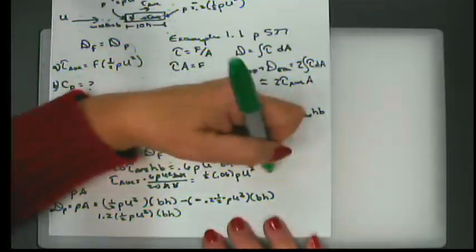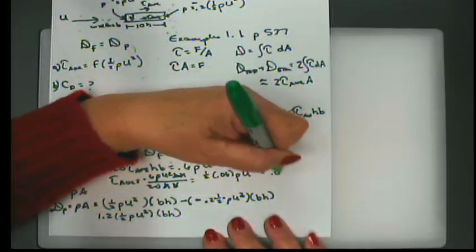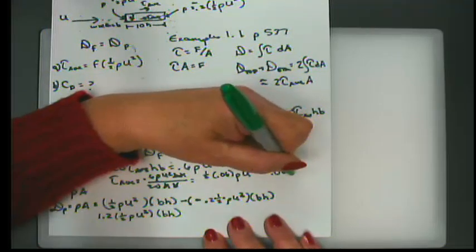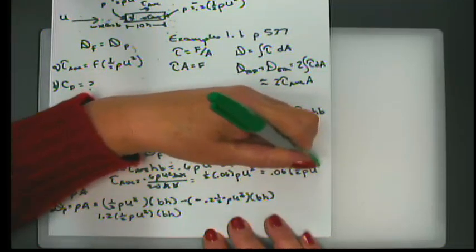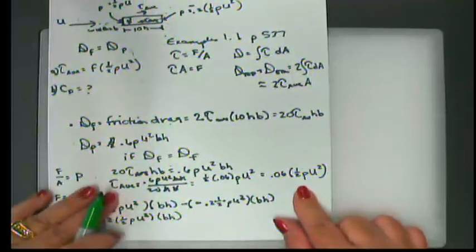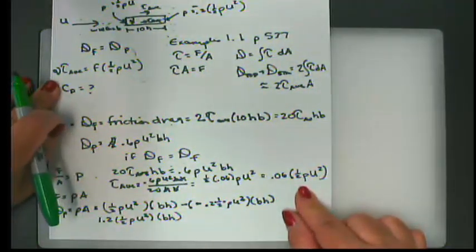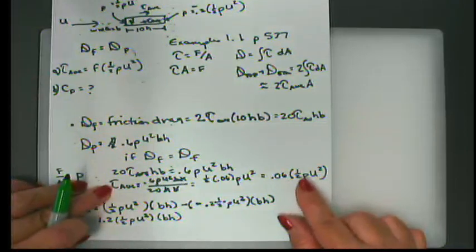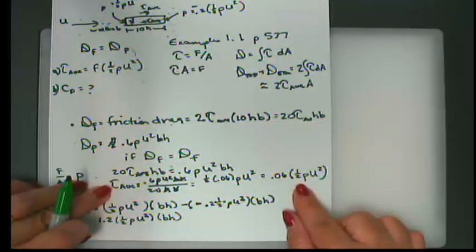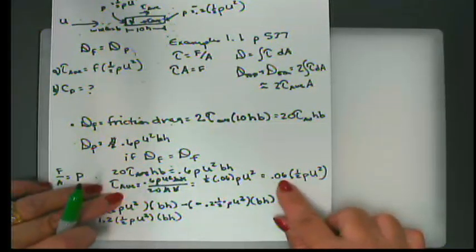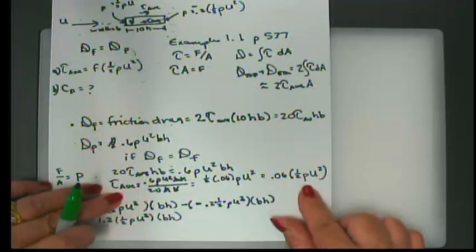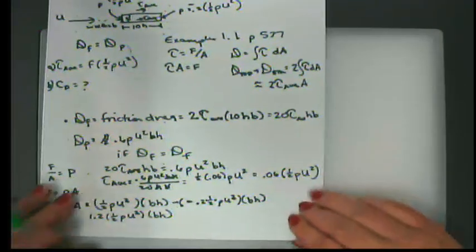All right, so to rewrite this in terms of dynamic pressure, it's 0.06 times 1/2 rho u squared. All right, and so that is the answer to part A, which is the tau average in terms of dynamic pressure. So tau average is 0.06 or 6% of the dynamic pressure.